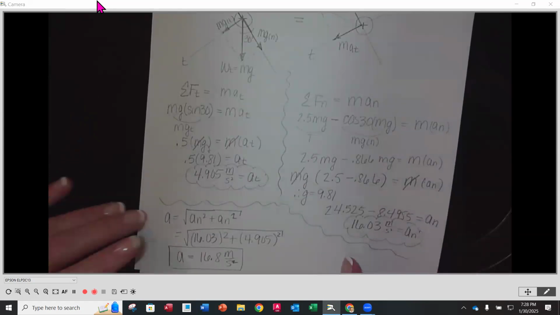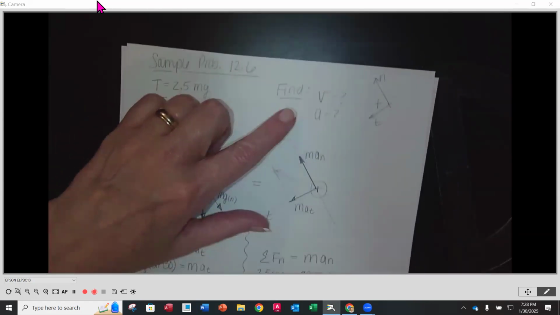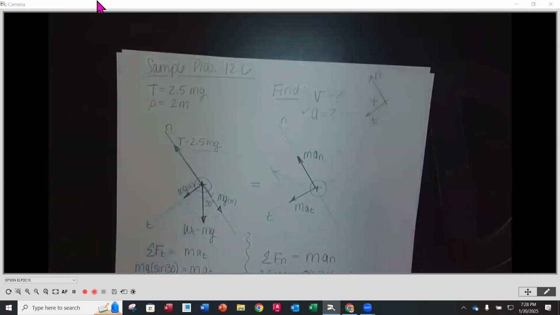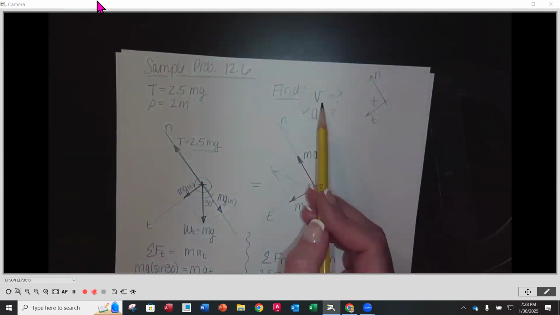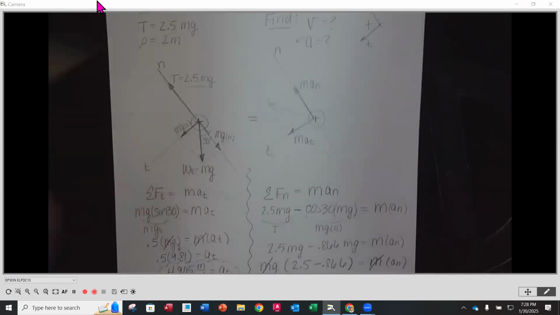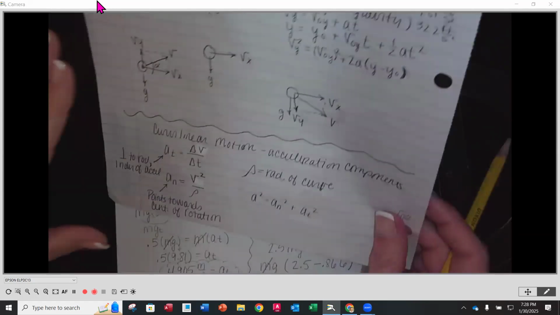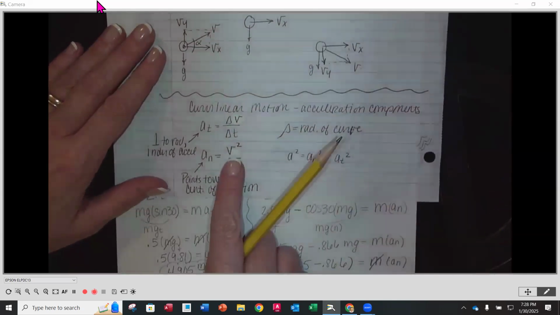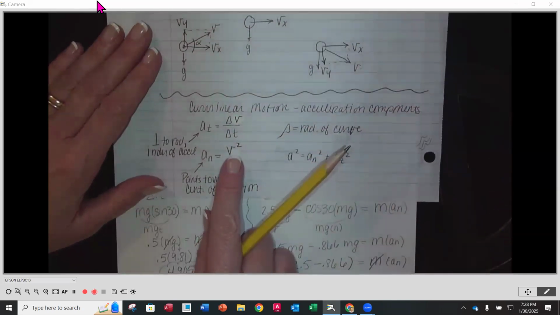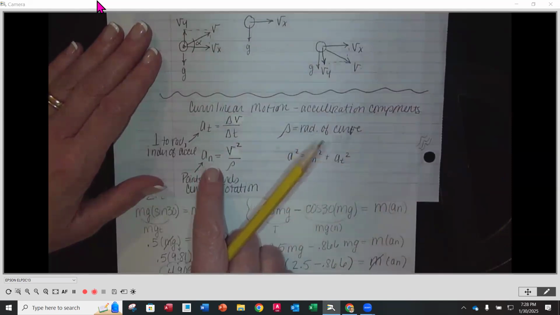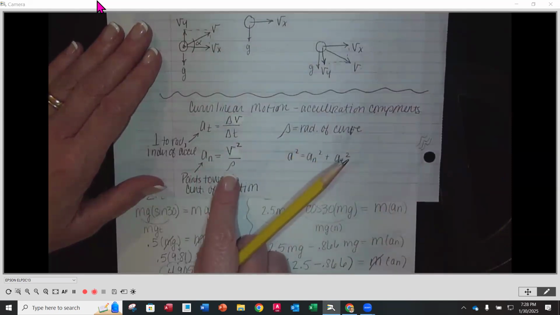All right, and then the very last thing they wanted us, so we now have the acceleration, we found that 16.8 meters per second squared. Now we need to find what the velocity is of that bob, okay? Now, if we go back to our chapter 11, our velocity can be found easily by using that normal component and the radius of rotation, okay?